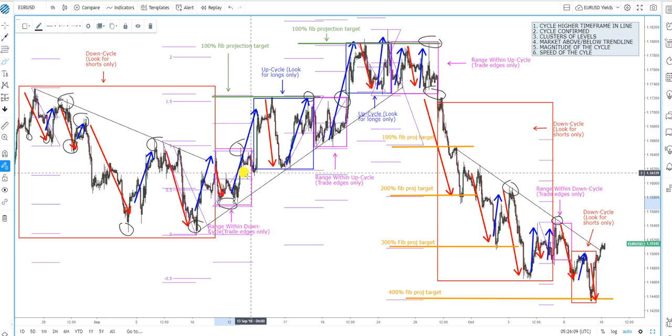Okay, now we break higher and notice where price ends up going: to the 100% Fibonacci projection target, which by the end of this exercise you'll notice how critically important it is for you to monitor.